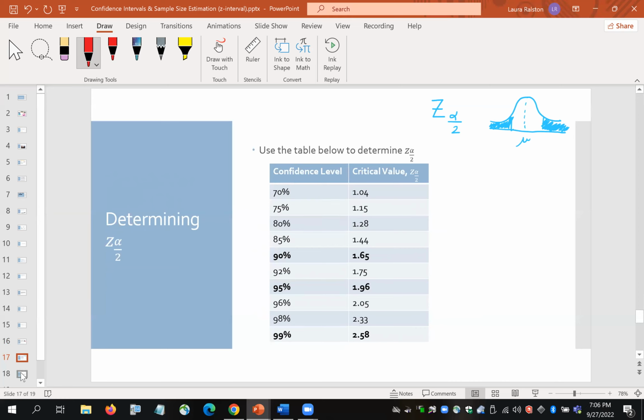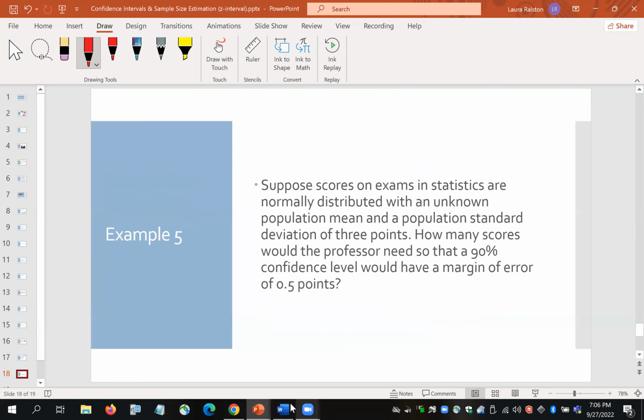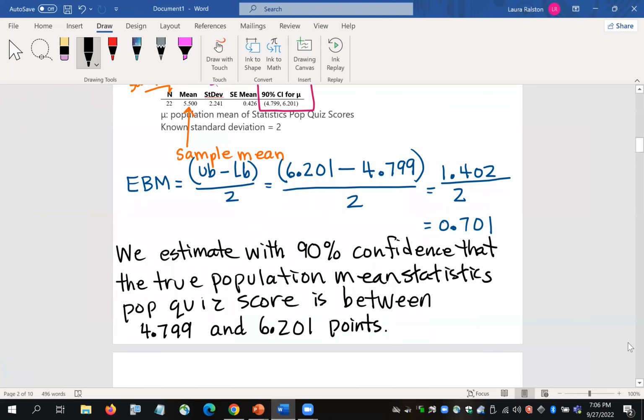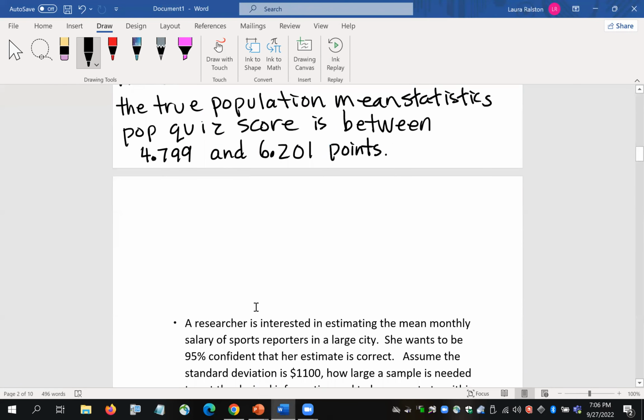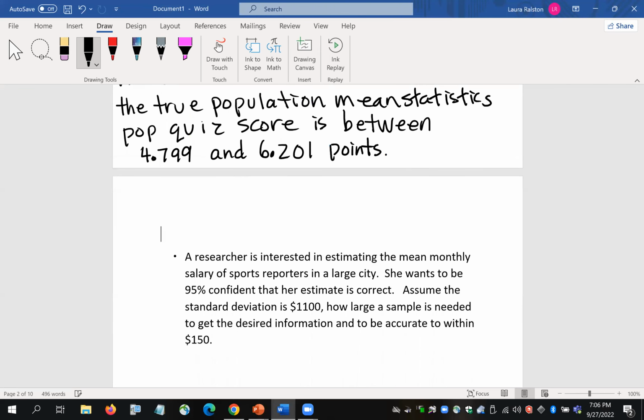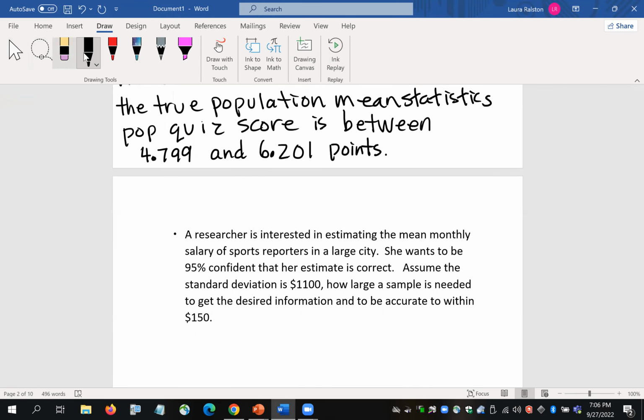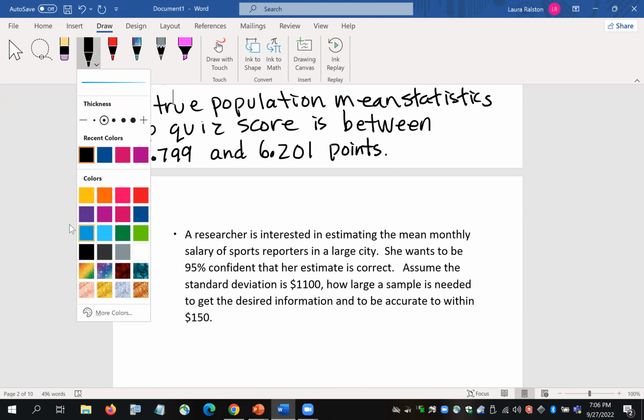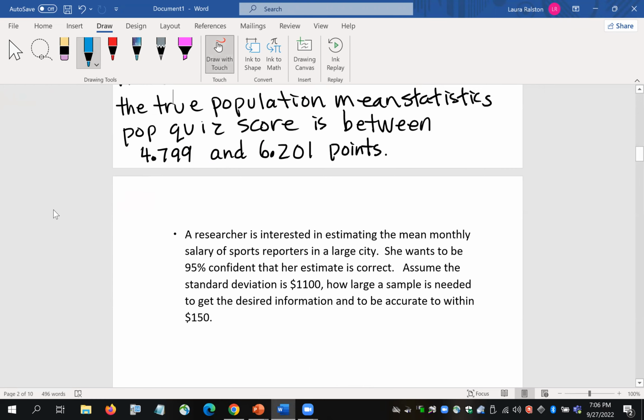Again, I don't want to get too technical with it. Okay, so we're going to take a look at an example of calculating the sample size. Now, again, this particular sample size is related to a Z interval.